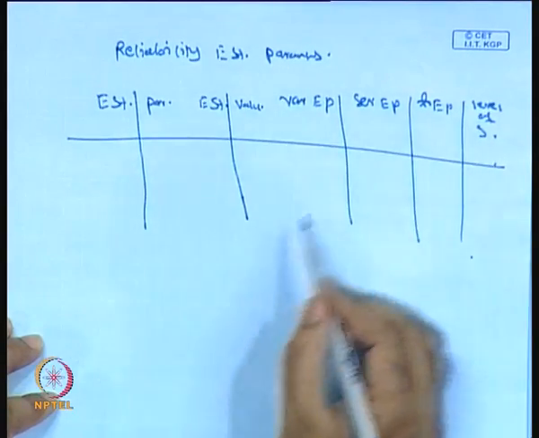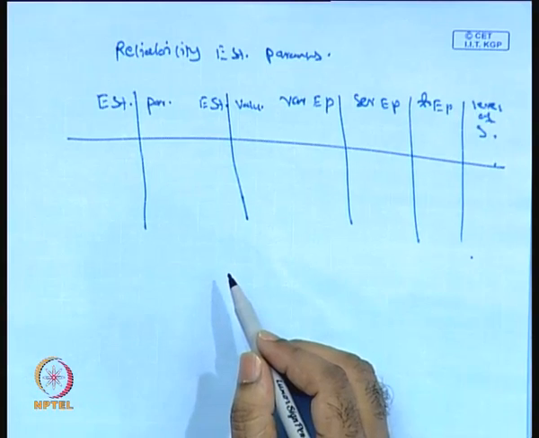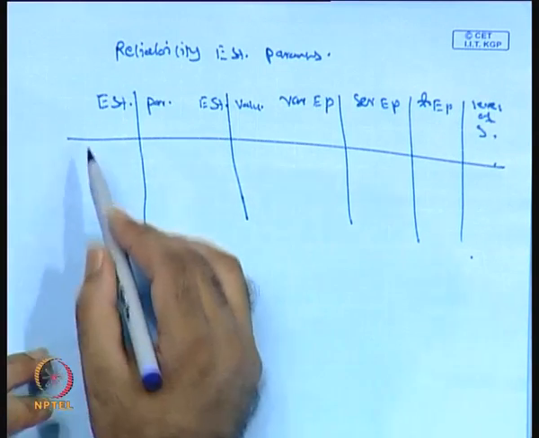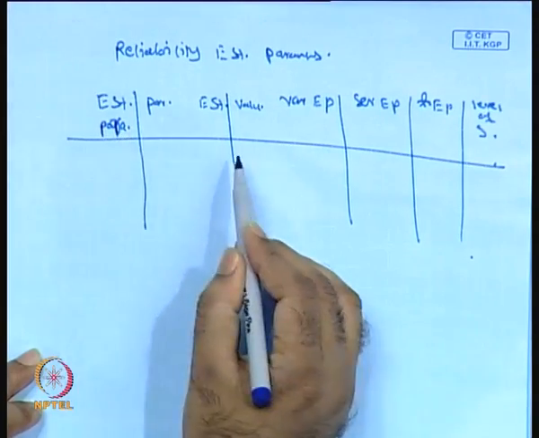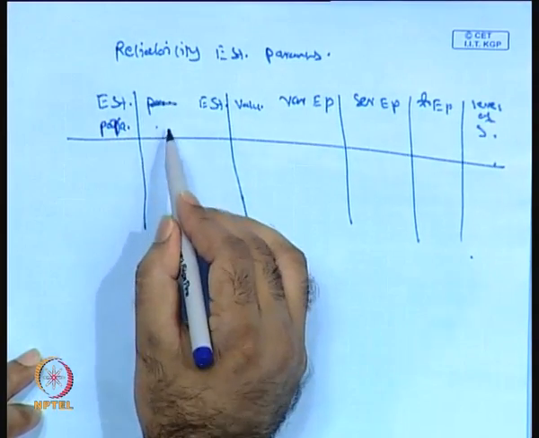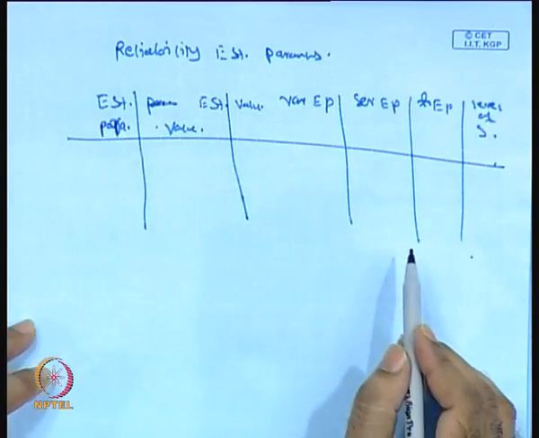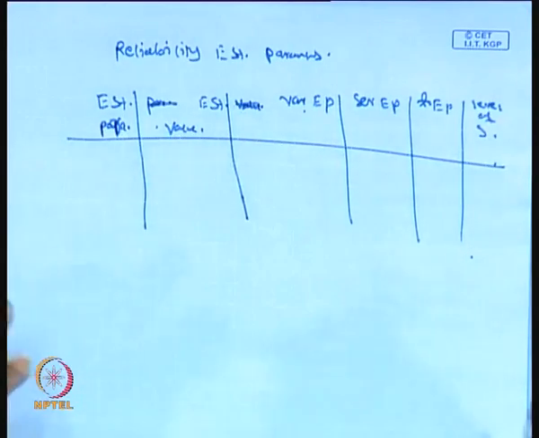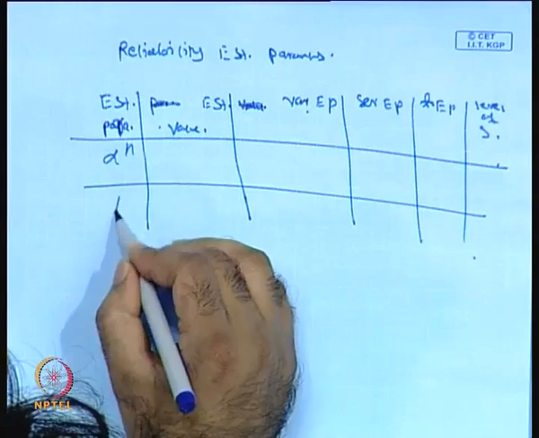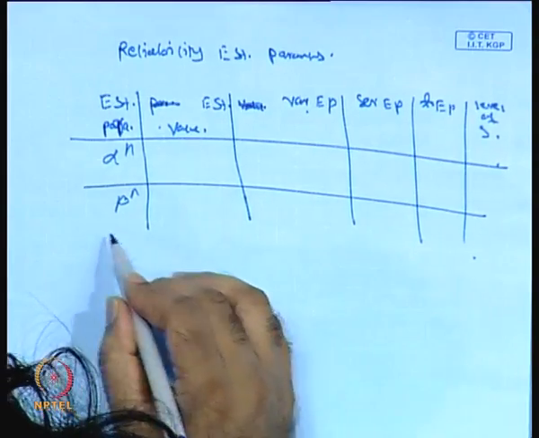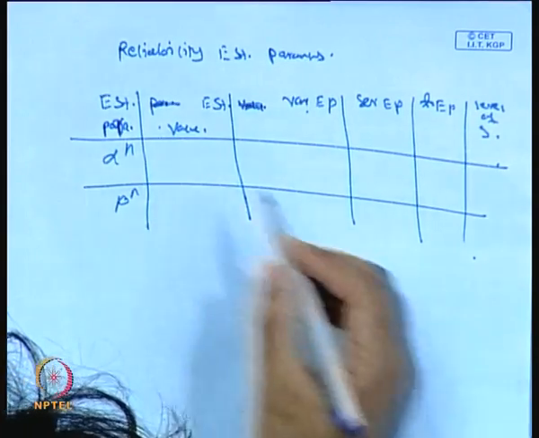So, here we have estimated parameters, the value of the estimated parameters, and the variance of the estimated parameters. We have alpha hat and beta hat.